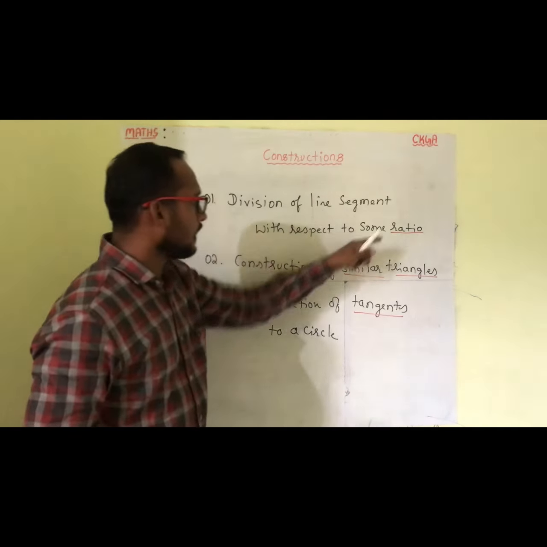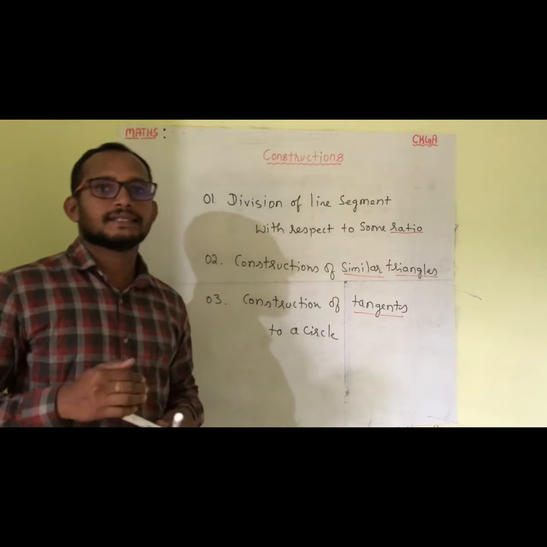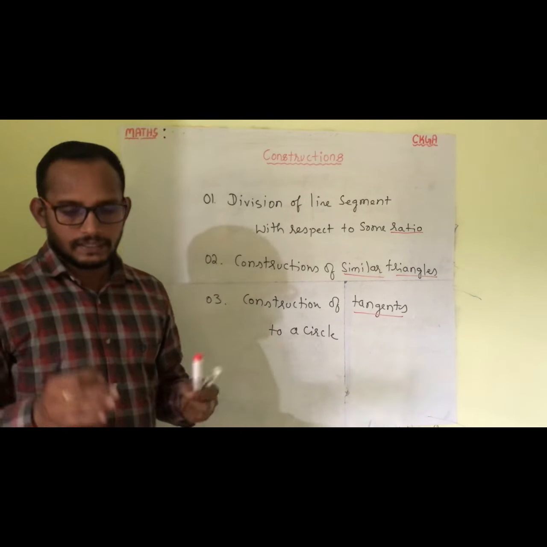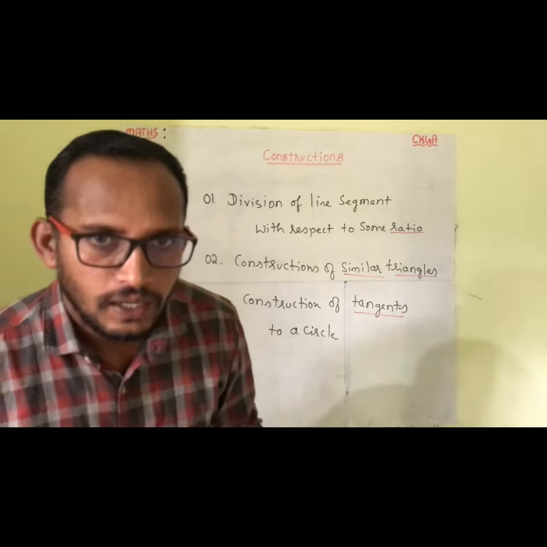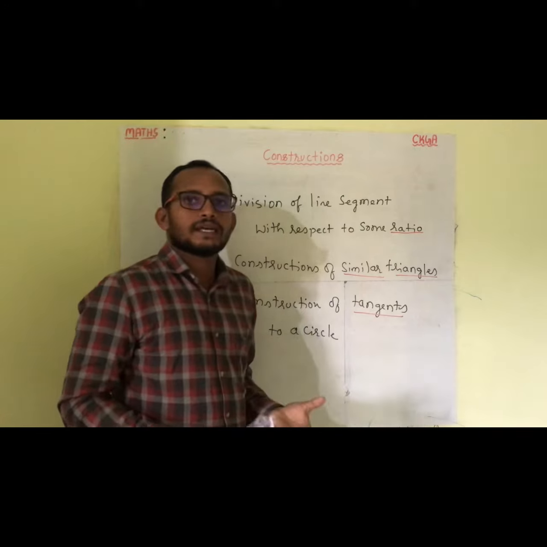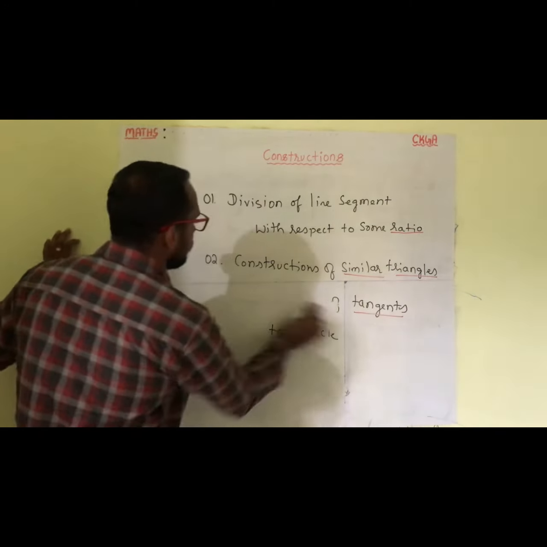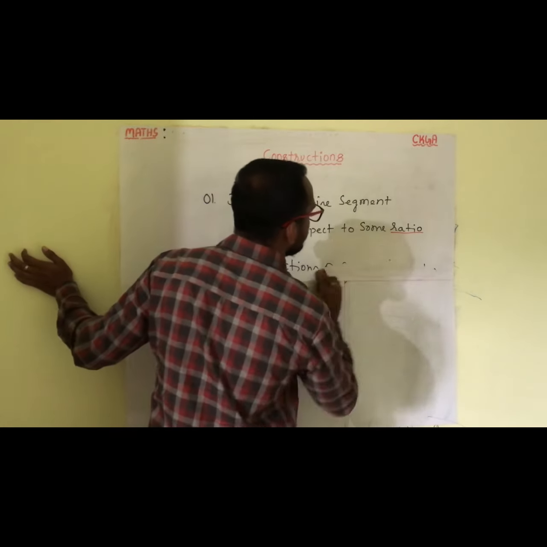These three basic ideas I must know to understand this constructions lesson with accuracy. So let's have an idea about what is ratio, what are similar triangles, and what are tangents in basics.